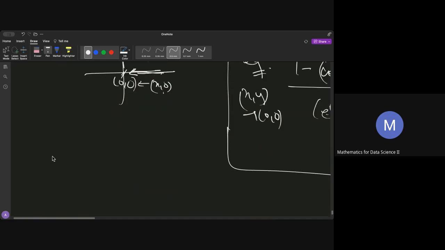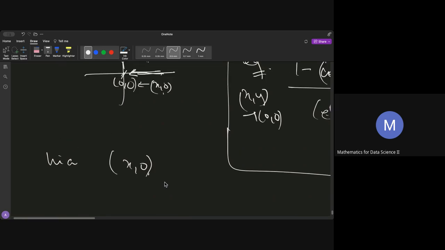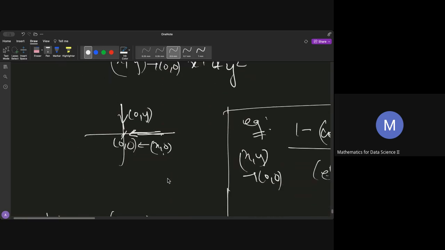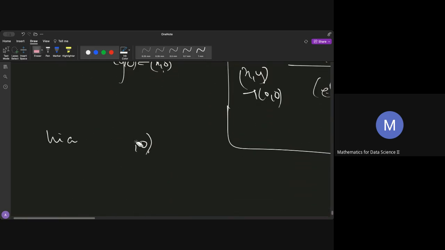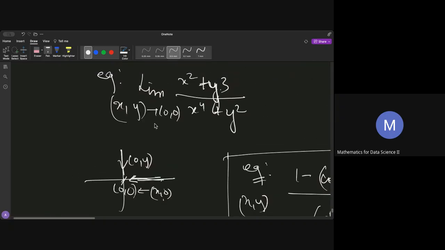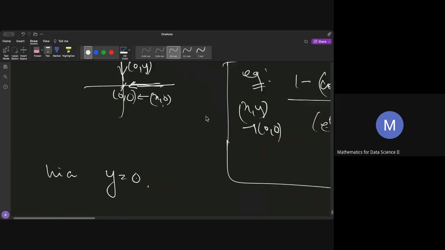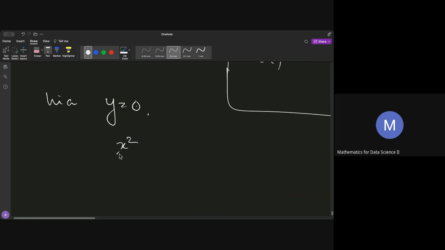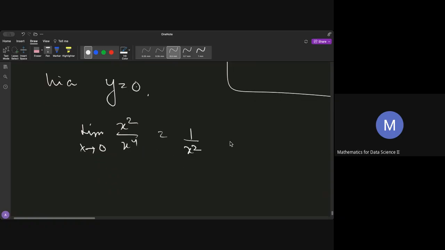So let's take it via x comma 0, or you can say y is equal to 0. I'll get x square by x to the power 4, limit x tends to 0. This is 1 by x square, and this will give us infinity.